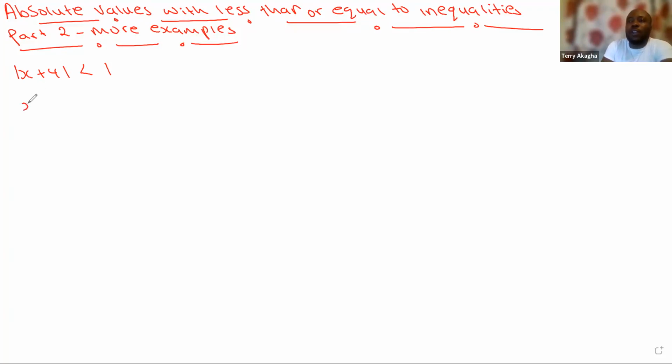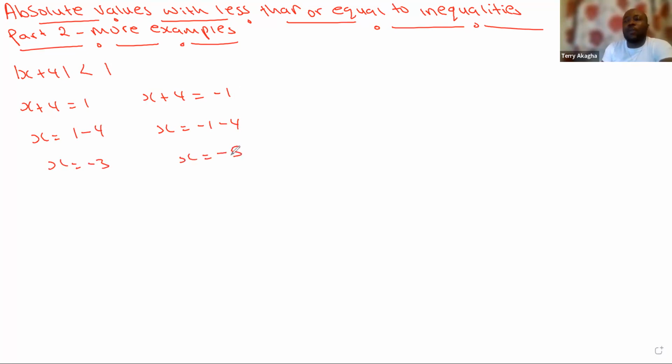So the first thing is that you have to equate this to both positive as well as equate it to negative. Does that make sense? So x is going to be equal to 1 minus 4, and x is going to become minus 1 minus 4. So x is going to give you minus 3, and x is going to give you minus 5.